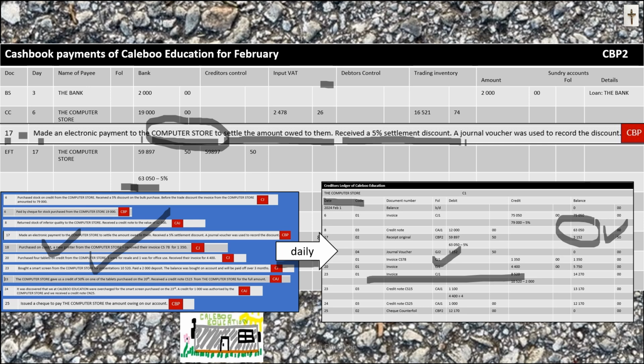to the computer store. The computer store gave Calibu 5% settlement discount because maybe this amount of money was settled in good time.